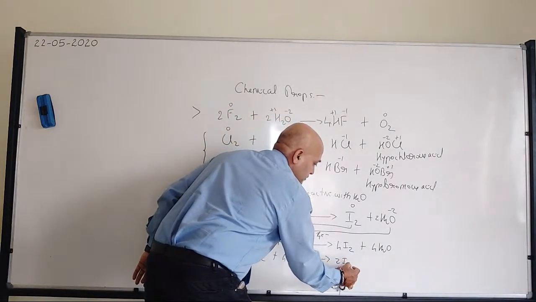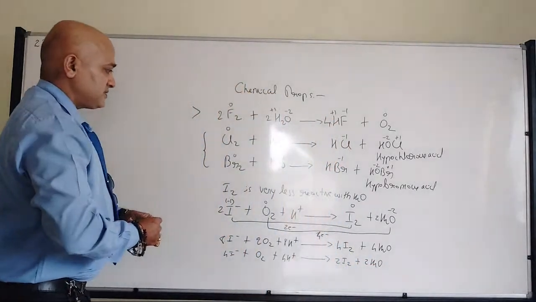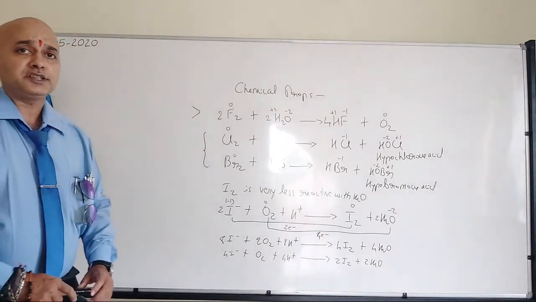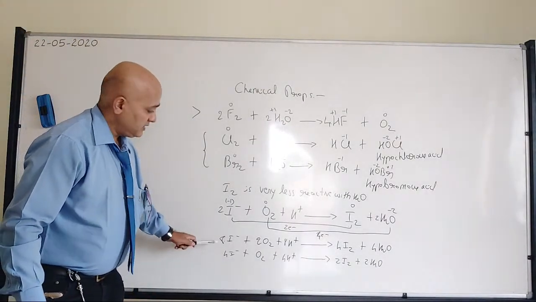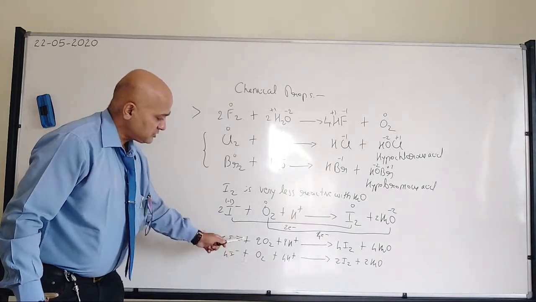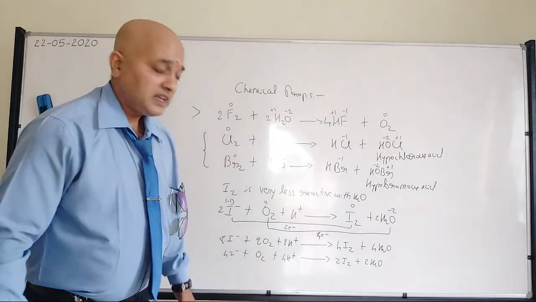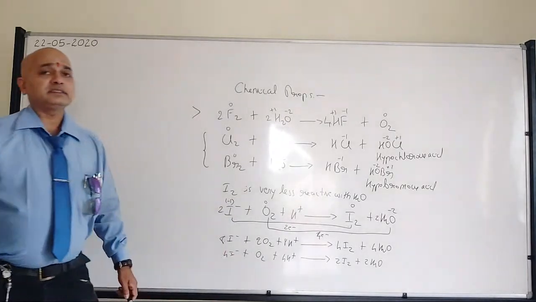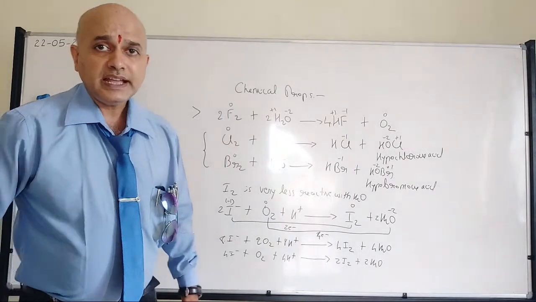So 2I2 plus 2H2O, that's where we have the reaction. Once again I will tell, this is also fine, this is also fine. Since we can reduce to half, that's why I am reducing it to lower numbers. So that's where we have the balanced equation. Fine? All of you have understood? Any doubts?